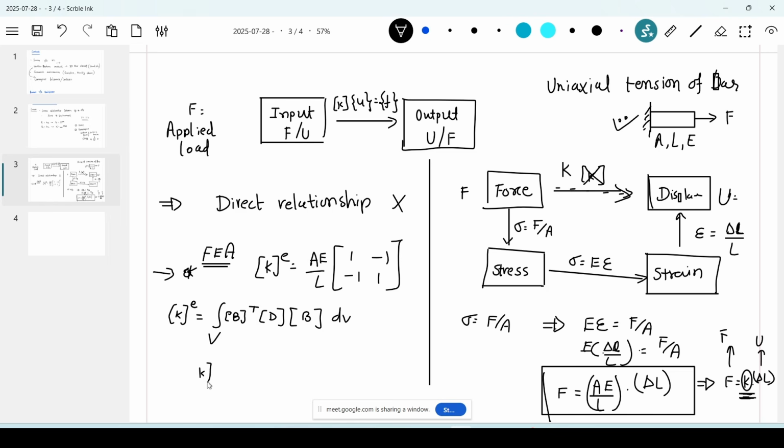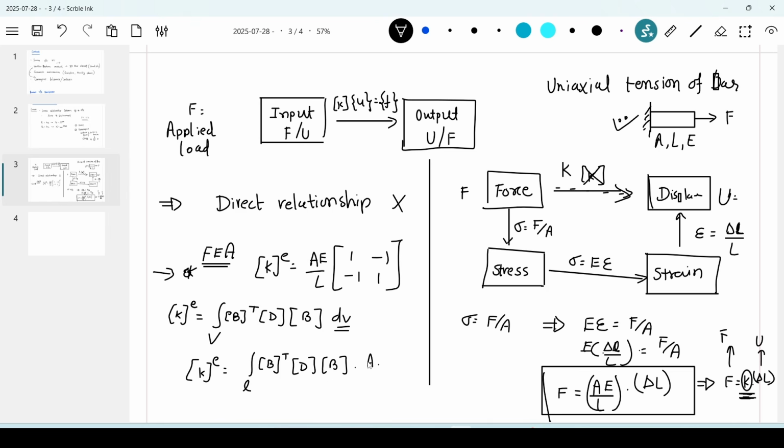If I want to write it for a bar element, the cross-section dimensions are represented as element properties, so the integration is done over length: integral over L of B transpose D B A dx.